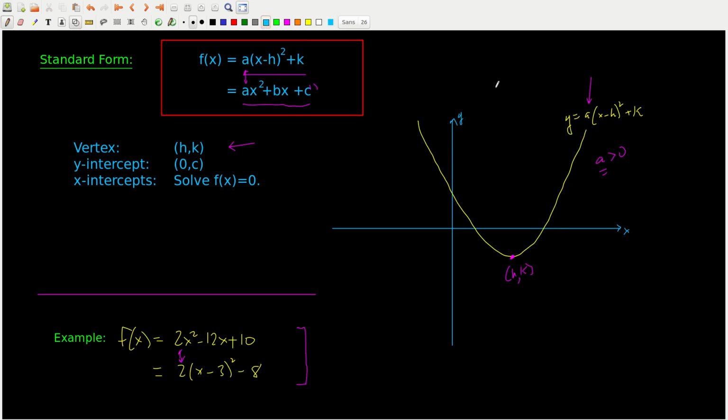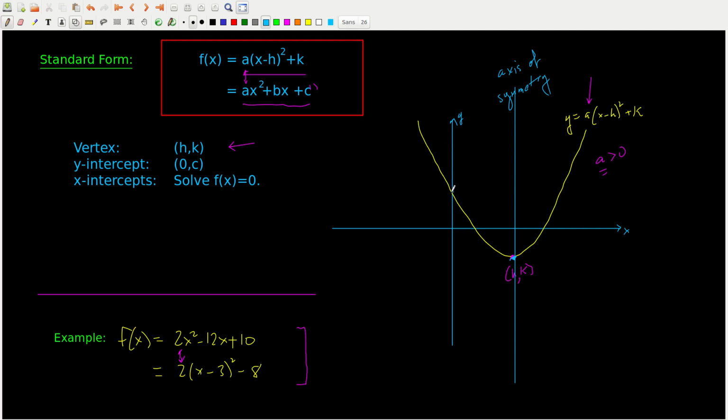And going through the vertex we get what's known as an axis of symmetry. Here's the axis of symmetry because if we reflect the parabola through that axis, we get the same thing on each side. So this is reflection symmetric across that axis like a mirror, or at least it should be.